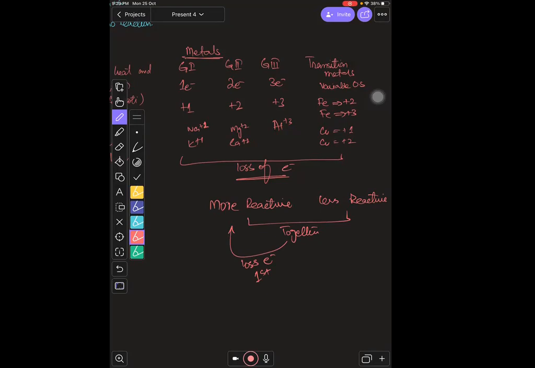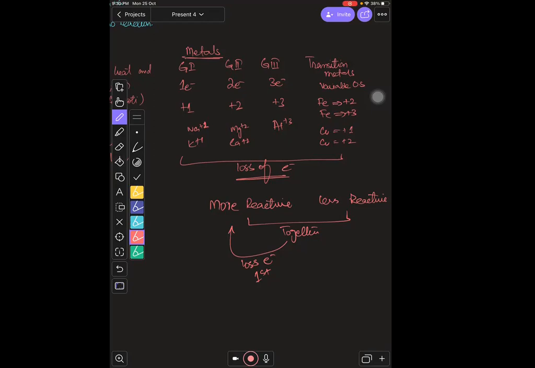If the opportunity is only for one metal, always remember that the more reactive will lose electrons first. Okay, this is the basic definition that you need to remember. Okay, bacho?